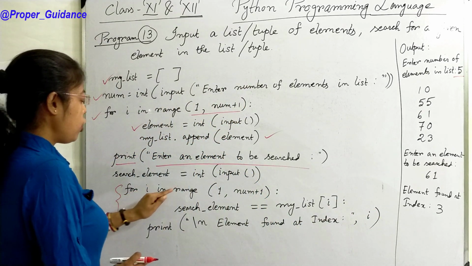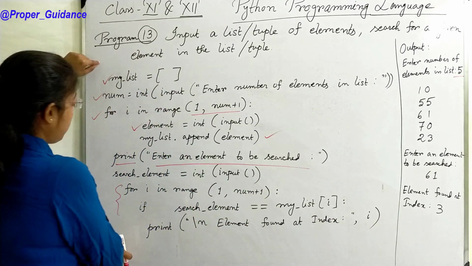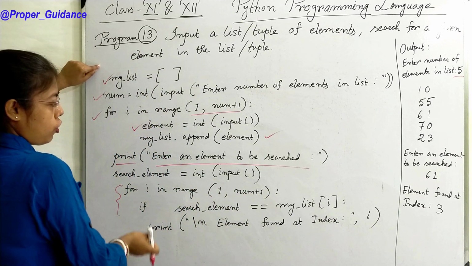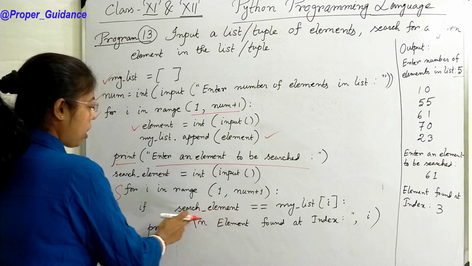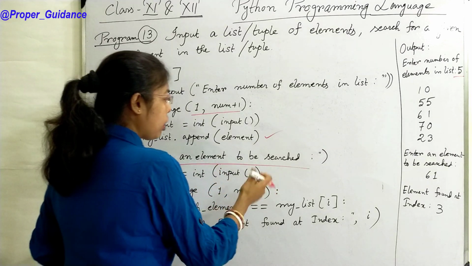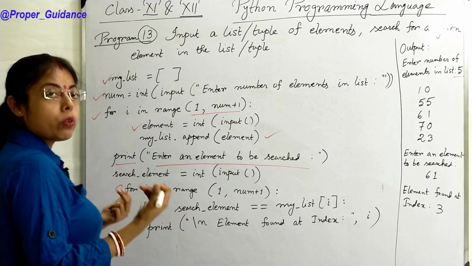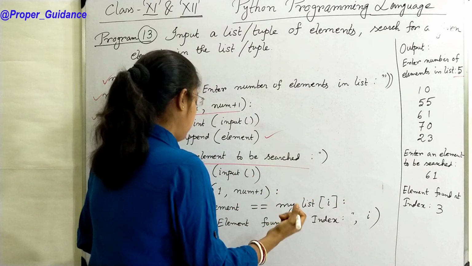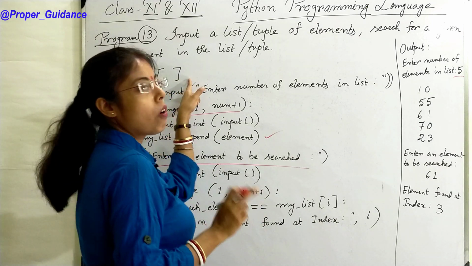Okay, this is searching for some element given by the variable search element. Search element is the variable that stores the input value given by the user to check whether that required element is in the list or not.